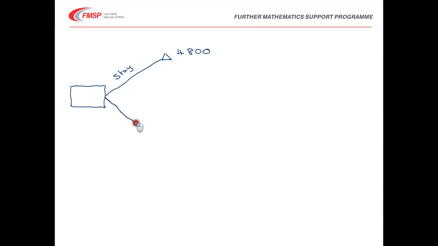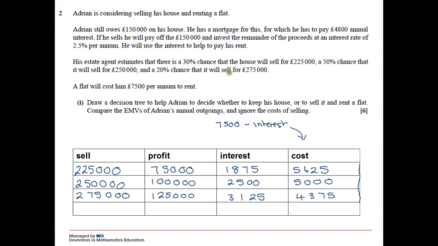Now the other alternative is that he sells his house, and if he sells his house, we've got these three possibilities from the estate agent. So look back quickly at what the estate agent says. There could be a 30% chance that his house will sell for 225, a 50% chance it will sell for 250,000, and a 20% chance it will sell for 275,000.